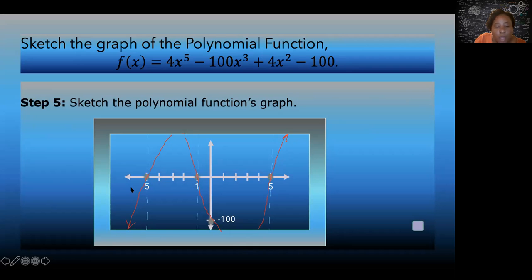Notice that the interval between negative infinity and negative 5 has all negative y values. Between negative 5 and negative 1, we see all positive y values going up. So it satisfies all those different conditions and properties that we have gone over.